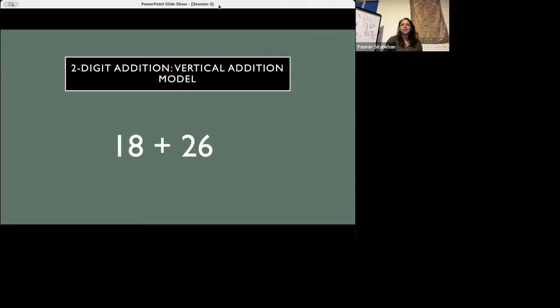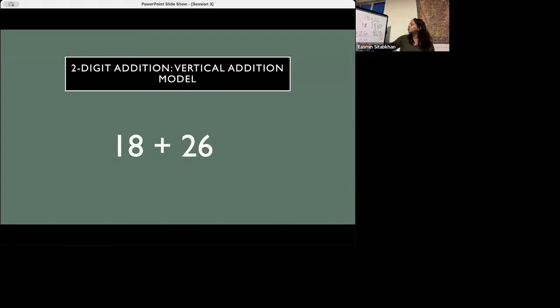So yes, that's really what we want teachers to do, is at least introduce it this way, because this is how you get students to really understand what they're doing. What we don't want is for students to just memorize, add this column, add this column. I think one of the biggest things I see teachers doing is, when they first introduce this, saying 1 + 2 + 1 is 4.